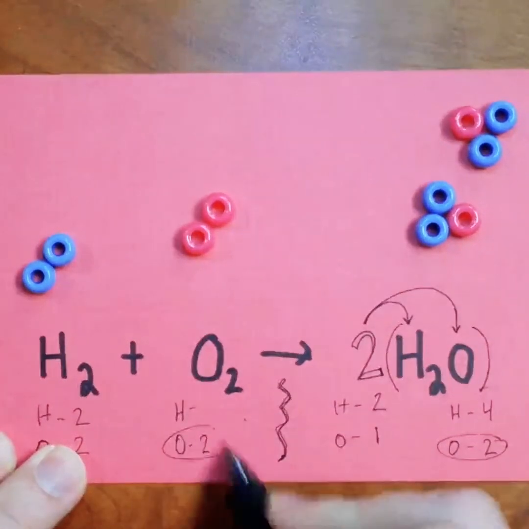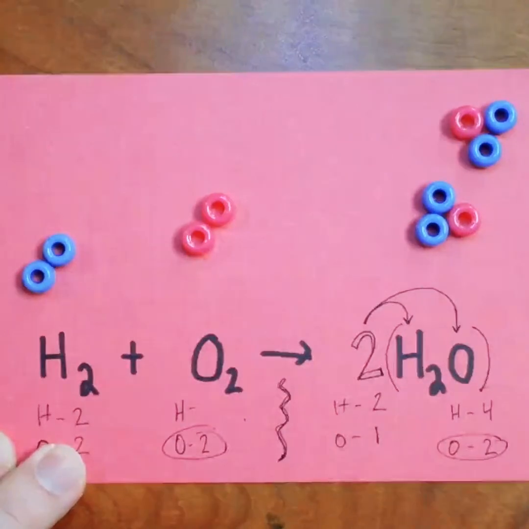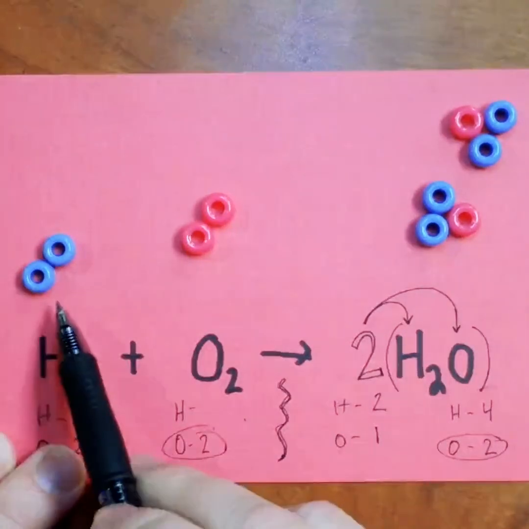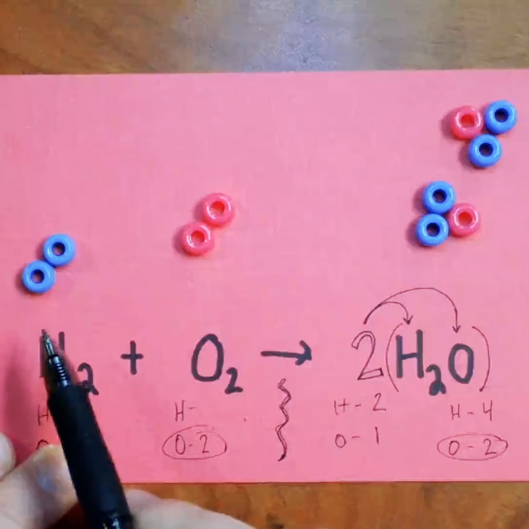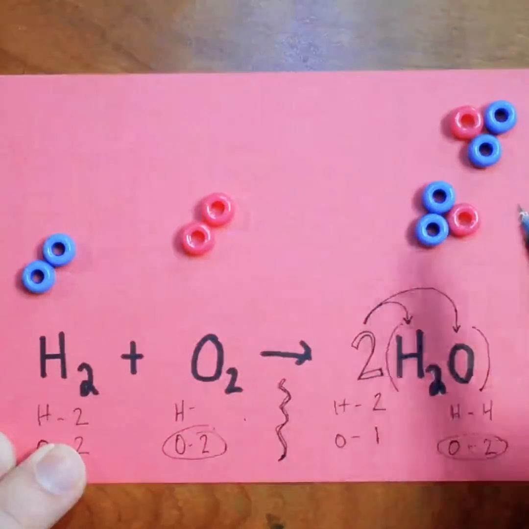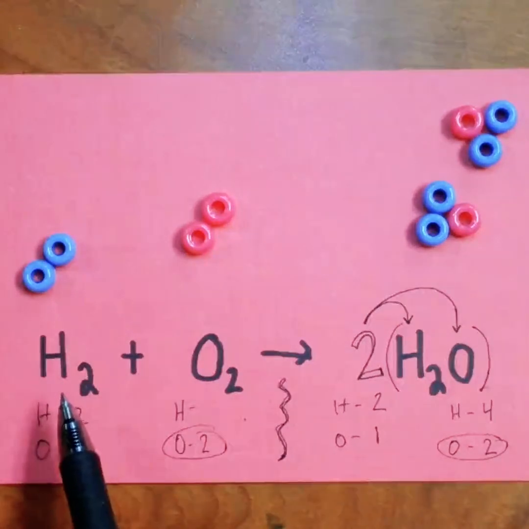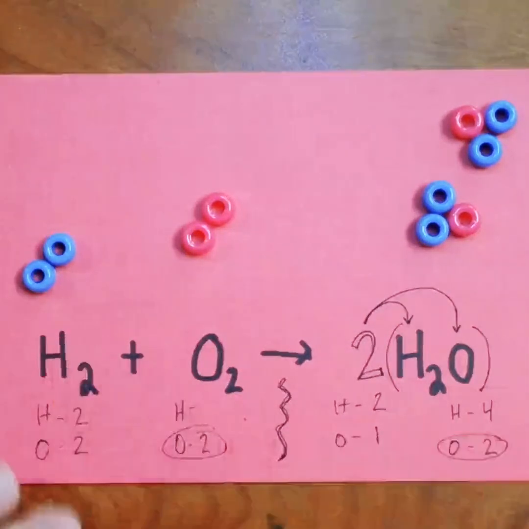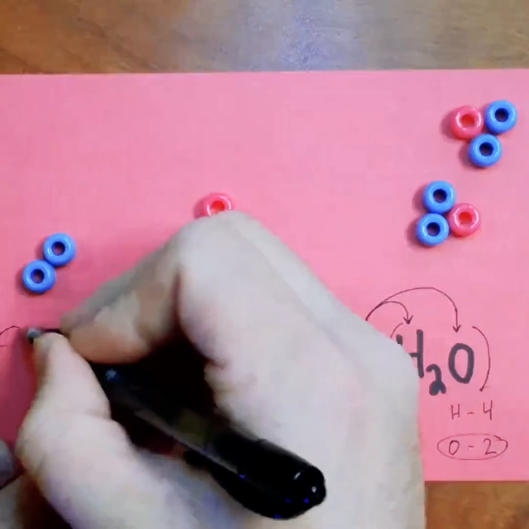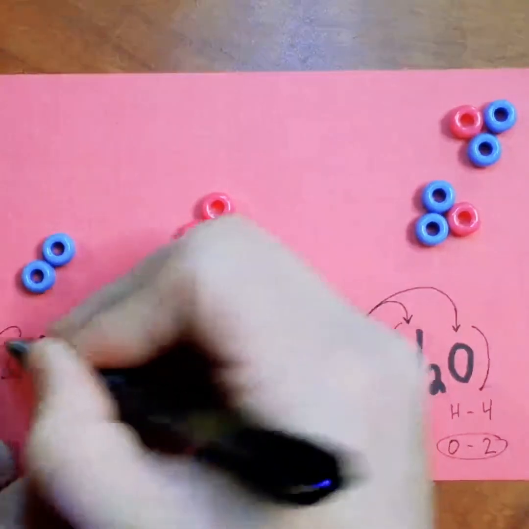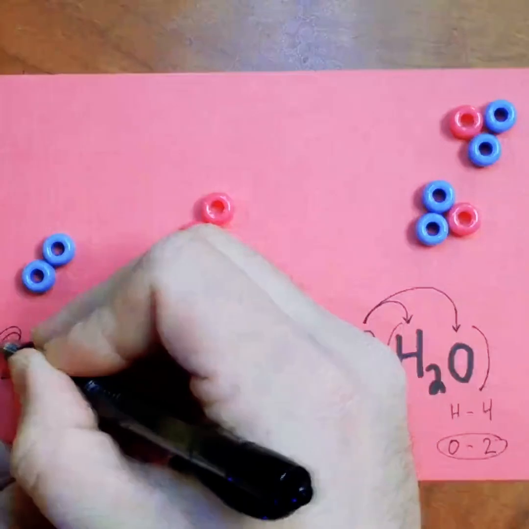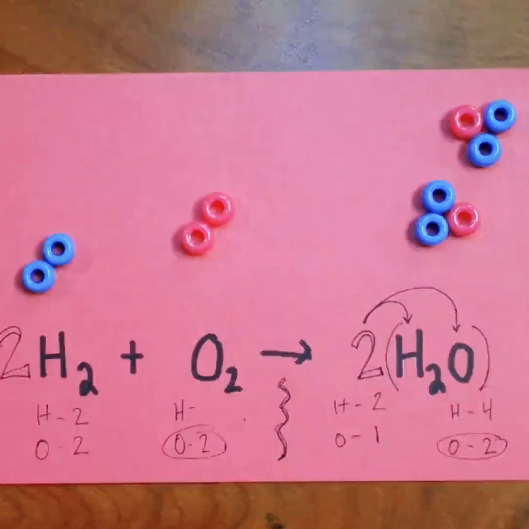Happy, happy, happy. But our hydrogen isn't happy anymore because we have 4 on the right and we have 2 on the left. So, spoiler alert, what do you think we're going to do? If you said add a coefficient, you are correct. So we're going to add a coefficient, and we're going to get 2 groups of hydrogen.